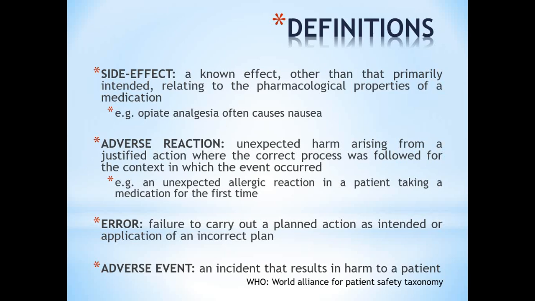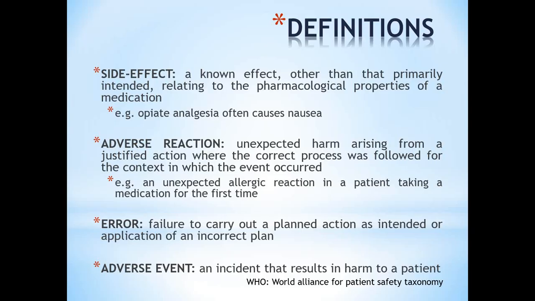Now this is a very important point: the planned action by the physician, that he should give these medicines, 2 or 3 or 5 medicines to the patient, polypharmacy, and at that moment the plan was correct, the medication was correct, and there is a justified action but unexpected harm. No one knows about the harm. The pharmacist also does not know about it, because it was not reported earlier.